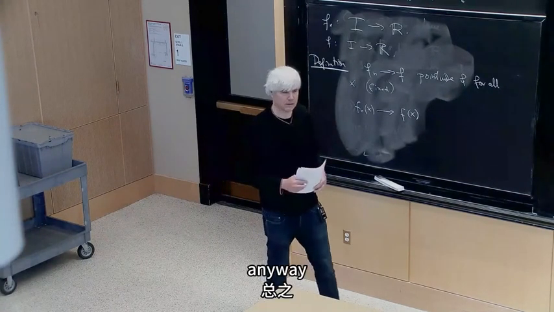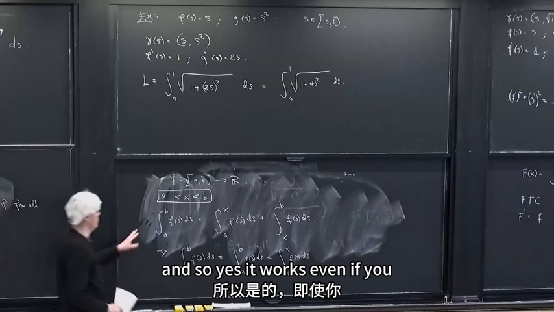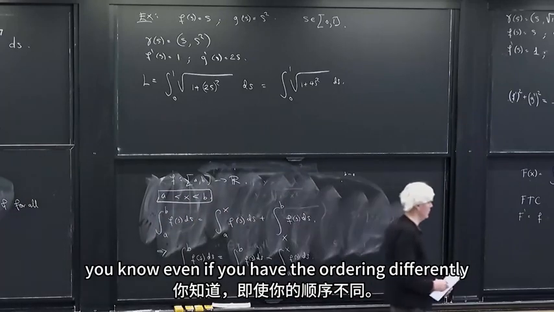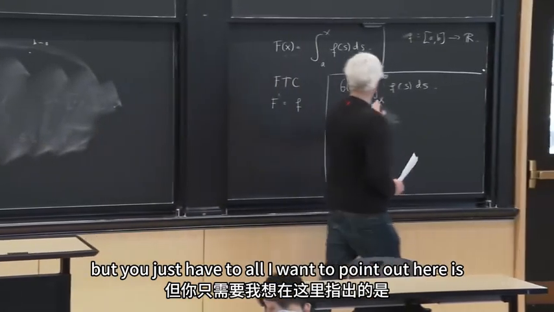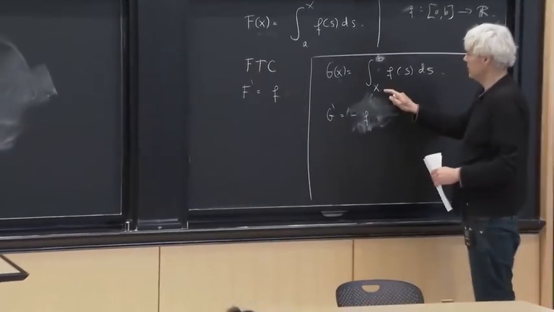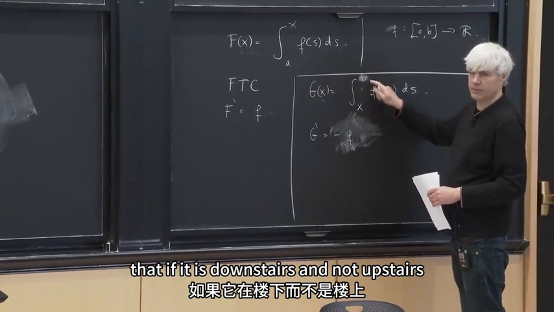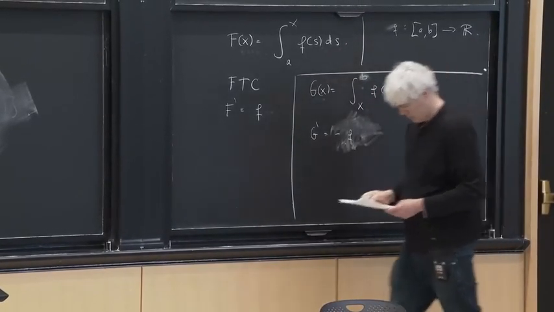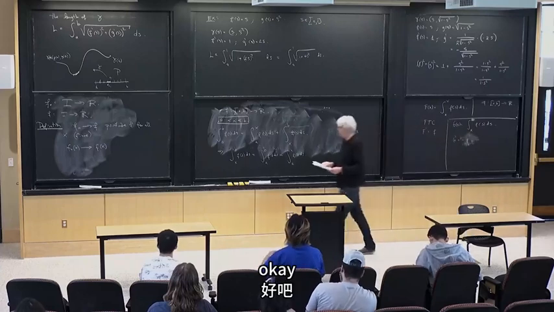Anyway, it works even if you have the ordering differently, but all I want to point out here is that if it is downstairs and not upstairs, you just have to remember the sign. Okay.